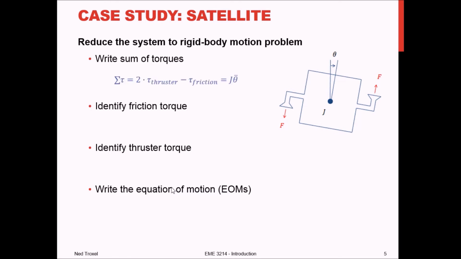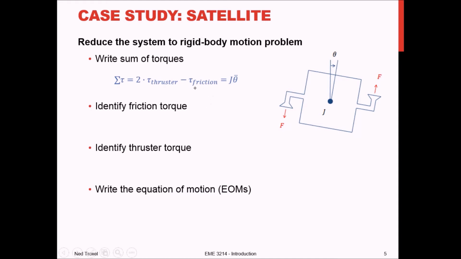So we have 2 times the thruster torque minus the friction torque, and that's going to be equal to J, the inertia of the satellite, times the angular acceleration. So this is just F equals ma, but it is angular instead of translational.